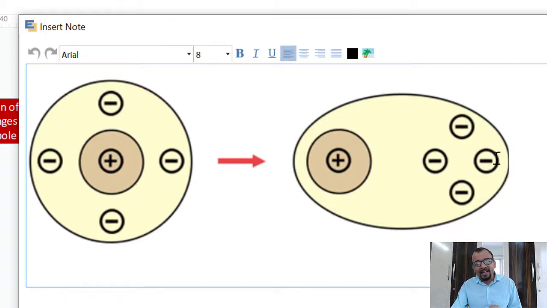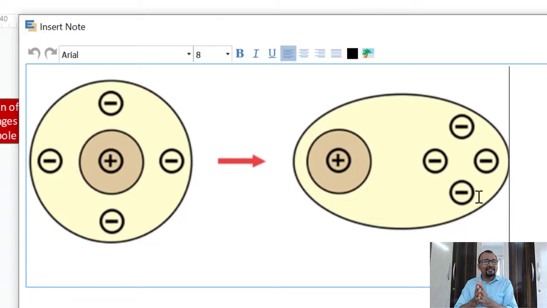If there is another atom present with this one, the electron cloud of this atom will attract the nucleus of the other atom, which is positively charged. Yes or no? Because this is negatively charged now, plus minus delta, right?